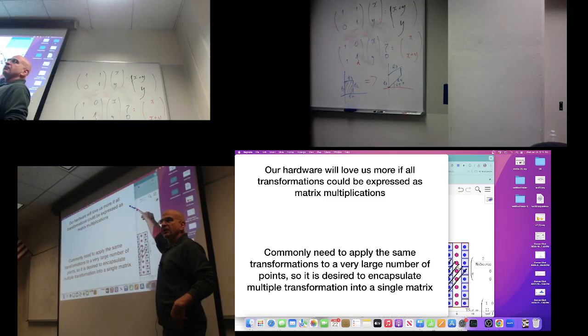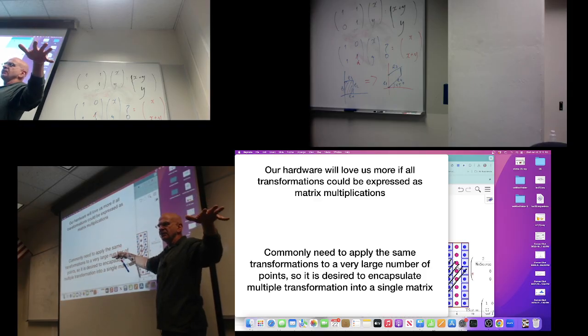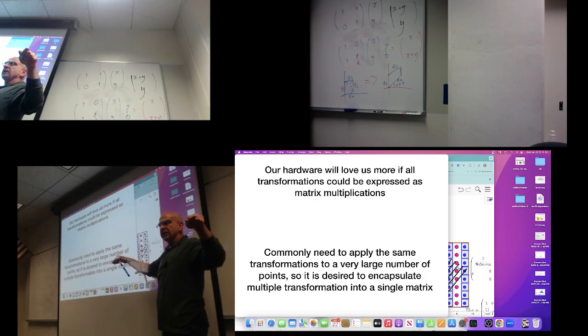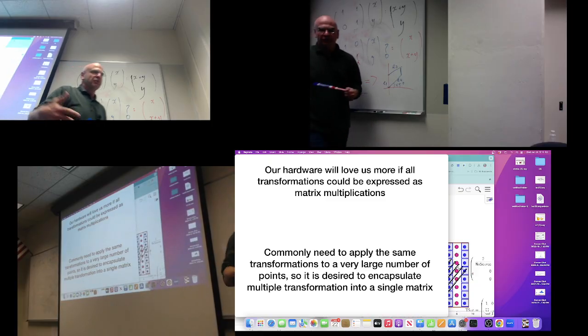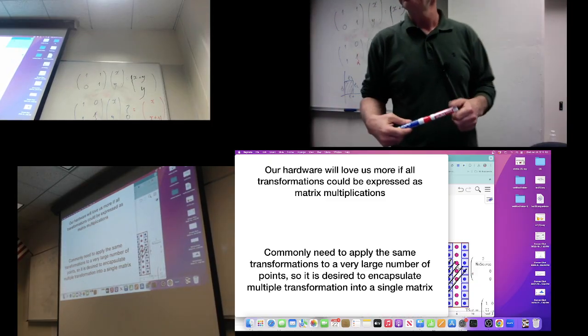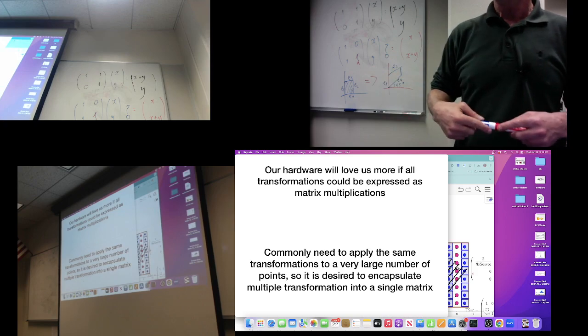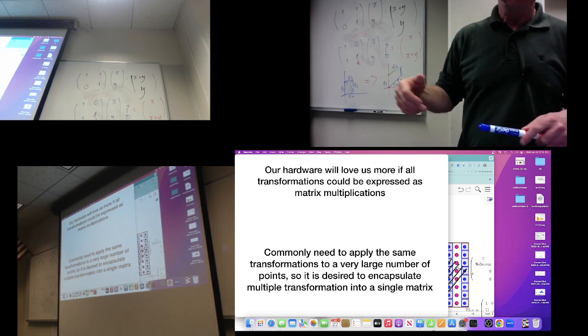Your hardware really wants you to do everything as matrix operations. That's what it's optimized for, and it's very good at parallelizing. If you have a lot of points in your geometric scenes, your GPU would, as much as possible, prefer to work on all these points in parallel, which somehow boils down to matrix calculation and maybe more than one matrix.